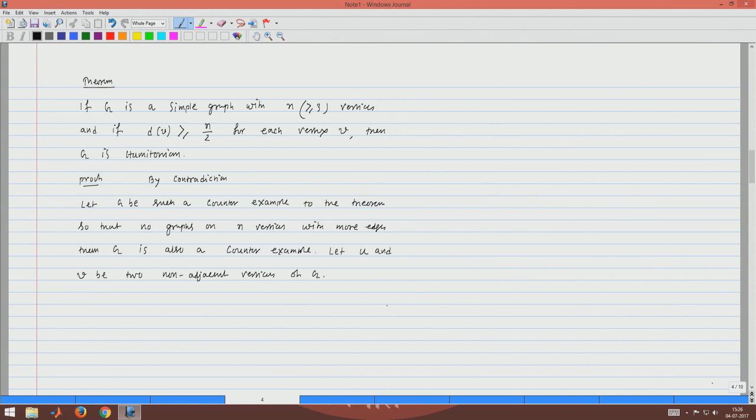Okay, so you need to understand that this is probably the first non-trivial proof that we are giving. The proof is slightly difficult. The proof uses the technique of contradiction. So, that means we suppose there is a graph G with n vertices which satisfies the condition that every vertex has degree greater than or equal to n by 2, but the graph is not Hamiltonian.